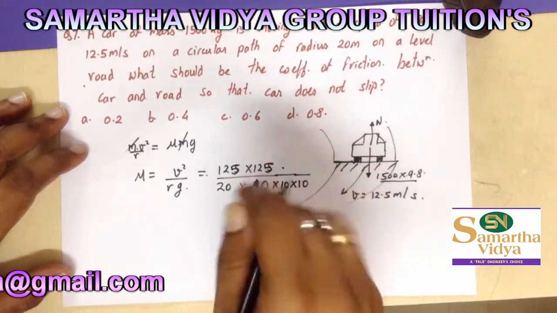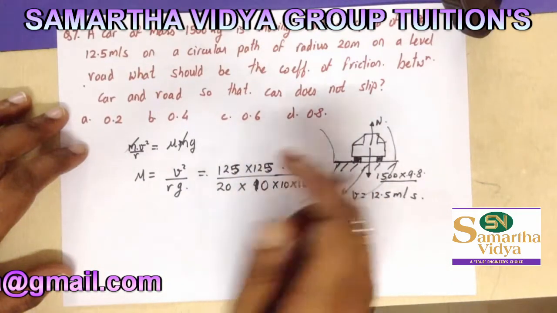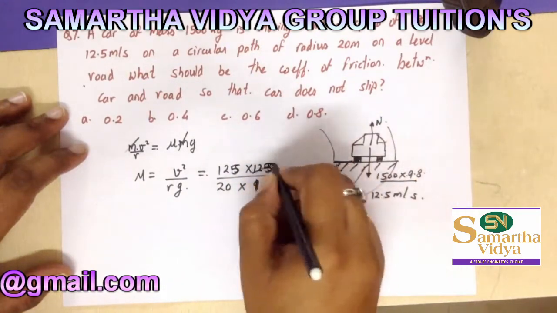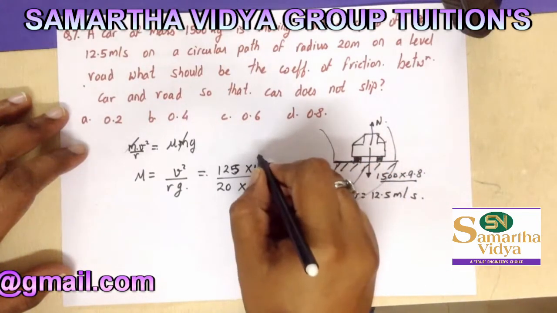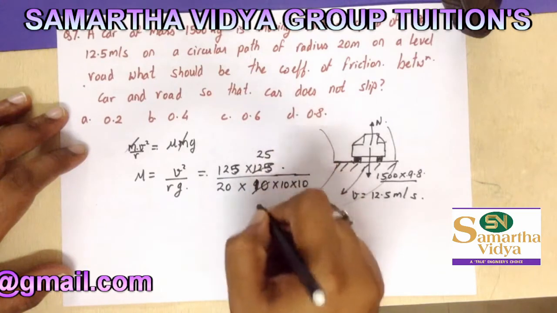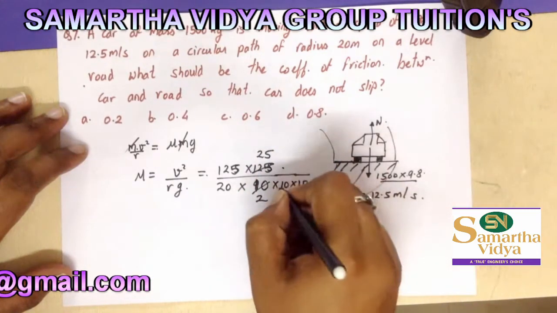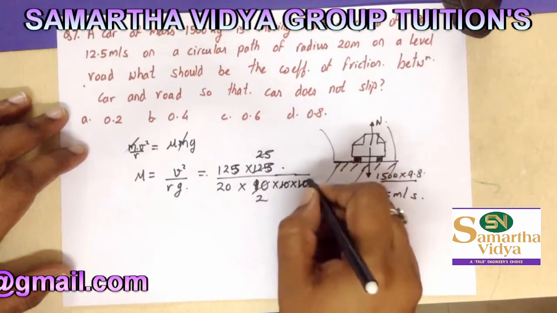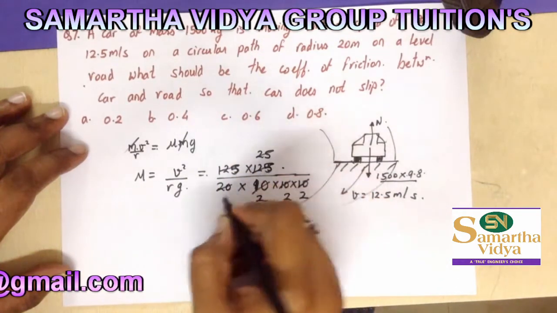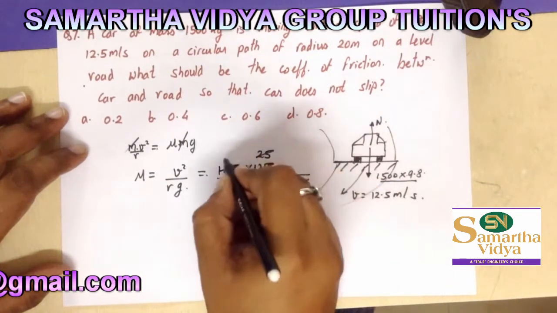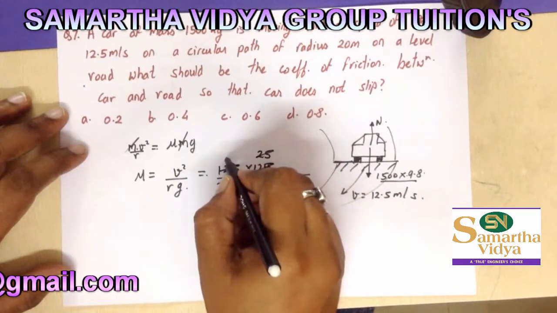Let us simplify this because this calculation has to be done quickly. If I divide by 5, this becomes 25 and this 2. Again, one more 5 can be cancelled, so this is 4 and this is my 25.